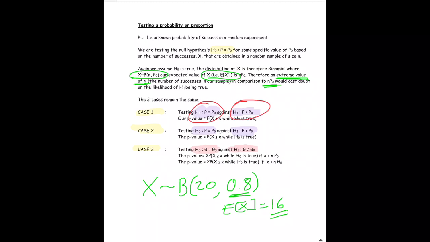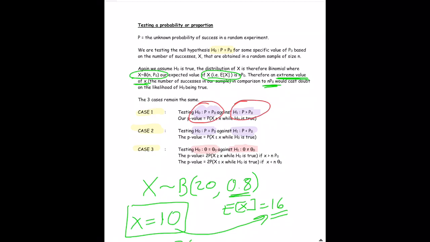80%. Now, if I ask a random 20 people and I actually get, I don't know, only 10 of them say they use Fairy Liquid, well, that's actually quite a lot smaller than 16. So what I do then is I look at working out the p-value. I say, okay, what is the likelihood of me getting what I just got? What is the likelihood of only 10 people, or maybe even smaller, maybe even further away from what I was expecting?